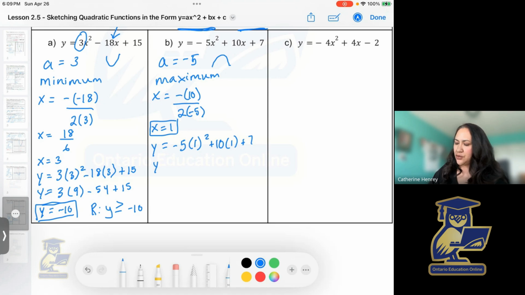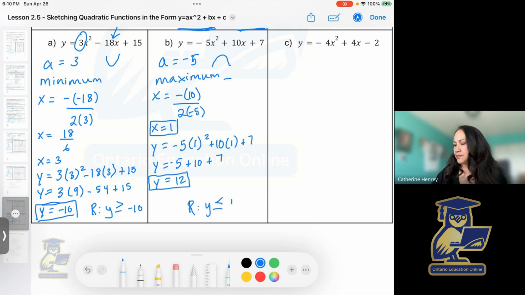Y is equal to -5 plus 10 plus 7. Sorry, this is -5. And y ends up being 12. So what this means, because we have a maximum, the range is going to be all y values less than or equal to 12.